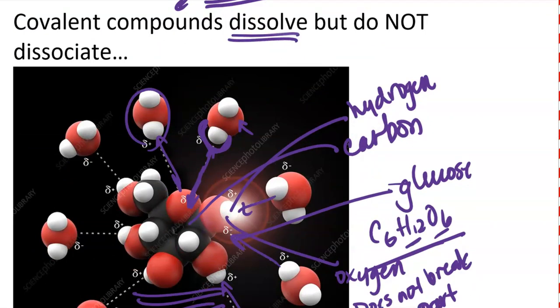And so the reason why it's important to understand that difference is oftentimes we will use chemical equations to demonstrate either dissolution or dissociation. So for example, suppose I had sodium chloride as a solid, and I'm going to put it in water.